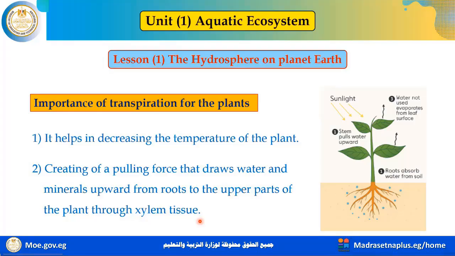So it helps the plant to stay alive. If the transpiration process stops, the water will not flow from the roots to the leaves. Is it clear now? Yes, I hear somebody over there. Yes, all of you understand well.